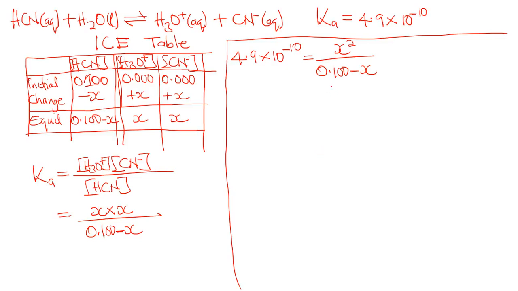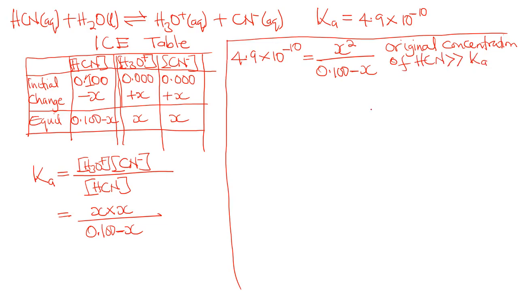As you can see here, the original concentration of HCN is way much bigger than the Ka given here. So I'll just write here, original concentration of HCN is way much bigger than Ka.